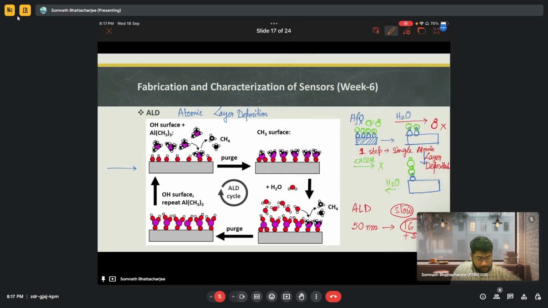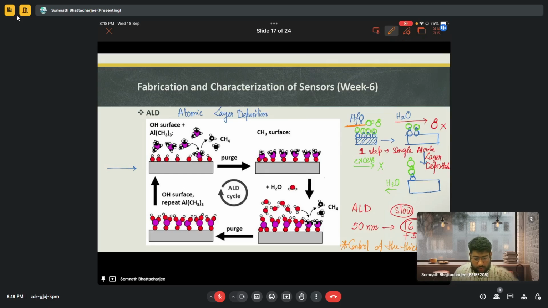Now, you have the main control of the thickness. You can control the thickness based on how much you want to deposit, how much of hafnium in this case, or what the required thickness is.